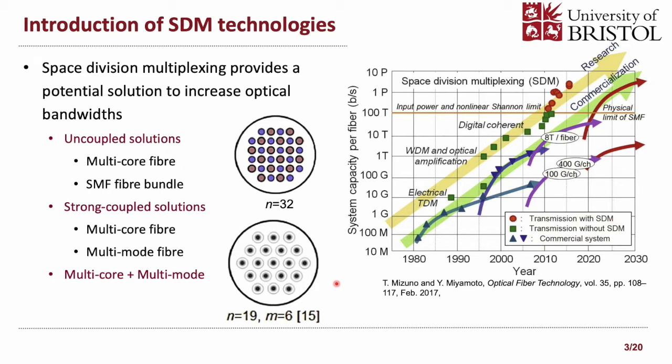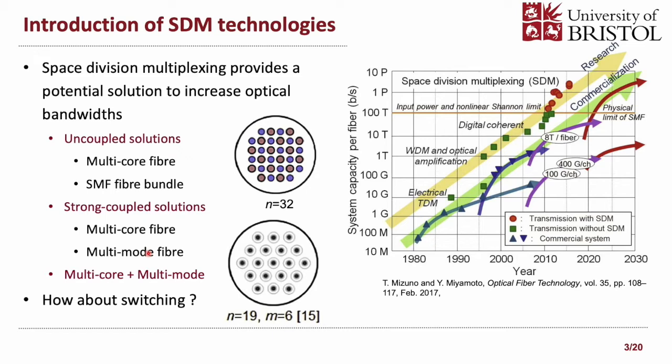But all these solutions mainly target transmission, and to deploy SDM technology in optic networks, another thing we need to consider is switching. If we look into the different technologies, we see the strongly coupled solutions require complex MIMO processing to separate or decouple different space modes or different cores.